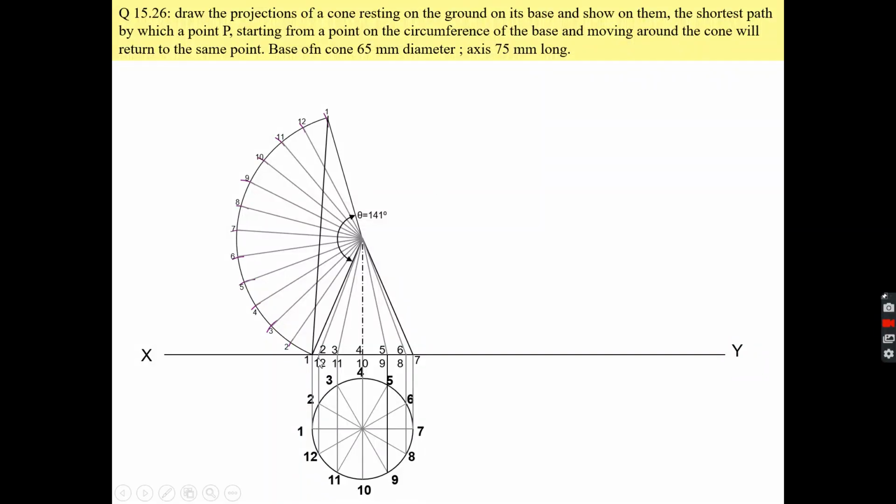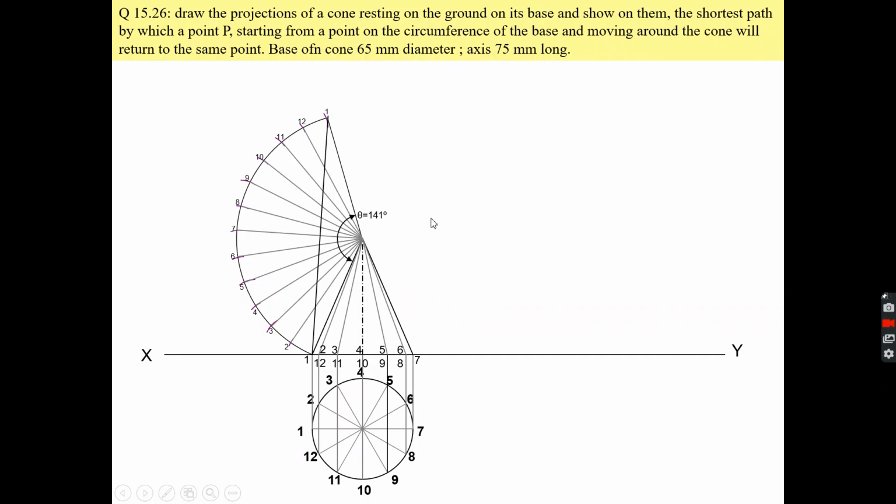When the point P is on 1, it will go through this straight line and again come to point 1. At generator O2, this point cuts the generator. Similarly, on the other generators, point P is passing through, you can see.